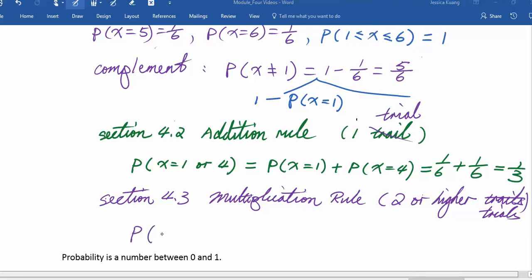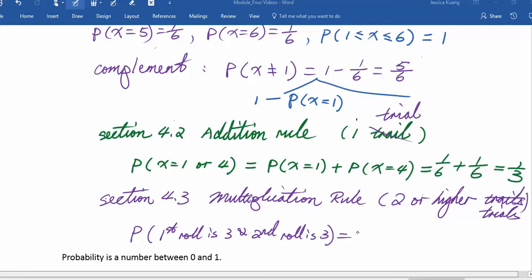So the probability of the first roll being 3 and the second roll also being 3. Now every time I roll a die, that is an independent trial, and the probability does not change with respect to what I get the first time around.